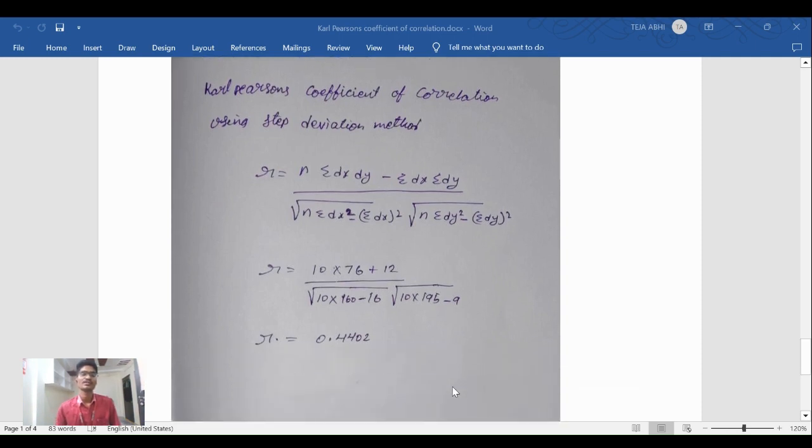After calculating the value we get it as 0.4402, or 0.44 approximately.